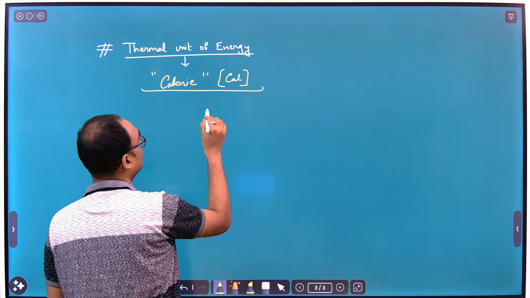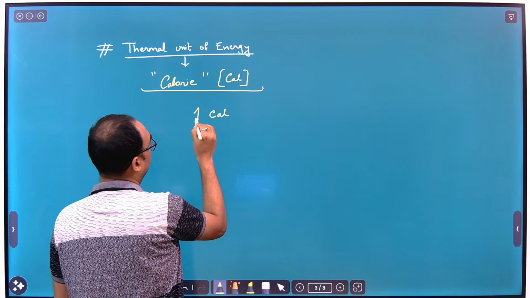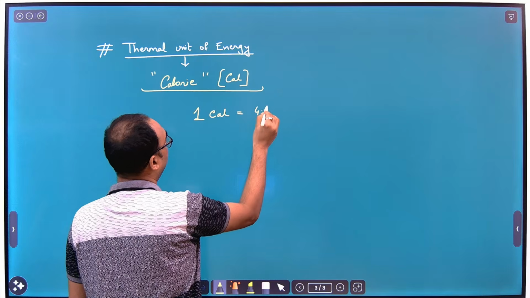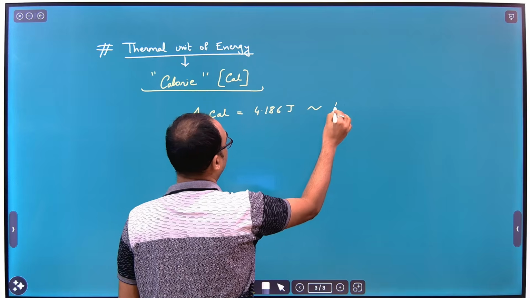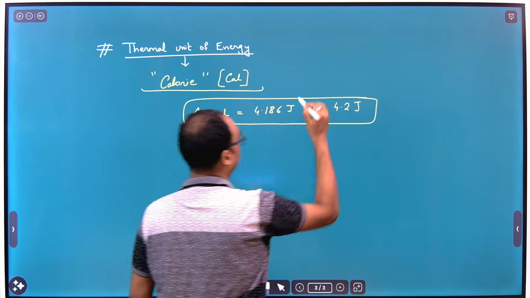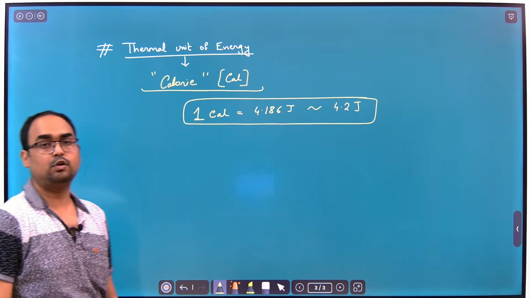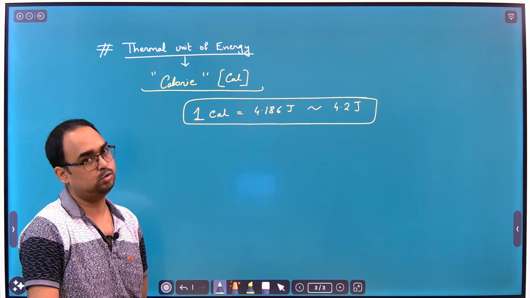Conversion: 1 calorie is equal to 4.186 joule, or approximately 4.2 joule.